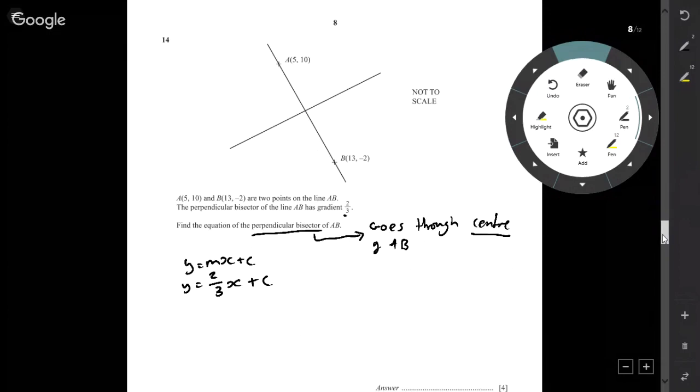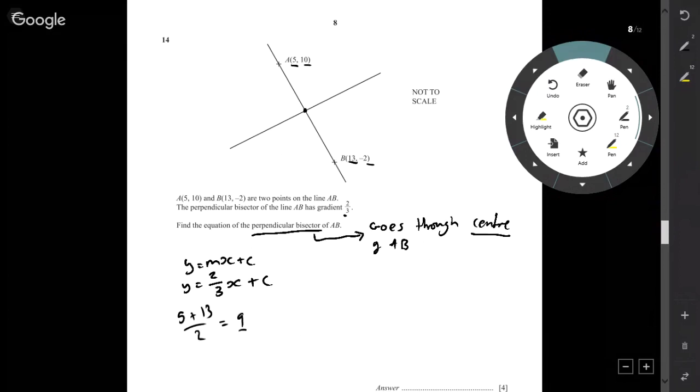We know that it goes through the center of AB. Therefore, we're going to find the center point. That is going to be between 5 and 13, and between 10 and minus 2. To find the x coordinate, we do 5 plus 13 over 2, which equals 9.